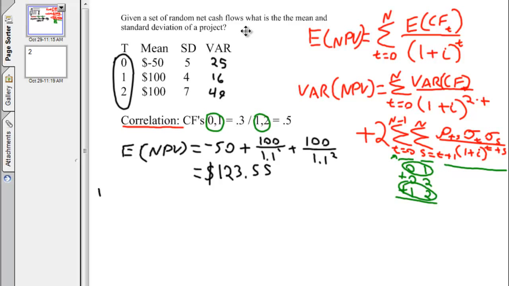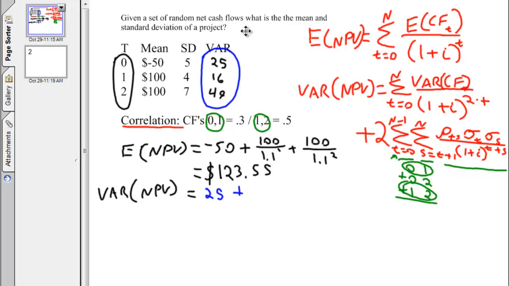Okay, so the variance is a little trickier, right? We have a few more numbers that we have to plug in here. Net present value is equal to, and if we follow the same convention, we use the variance values. We use a different color here just to make it stand out a little better. The first variance value is 25, and any number raised to 0 is equal to 1. So the first variance value, just like the first cash flow value in expectation, is that same whole number.